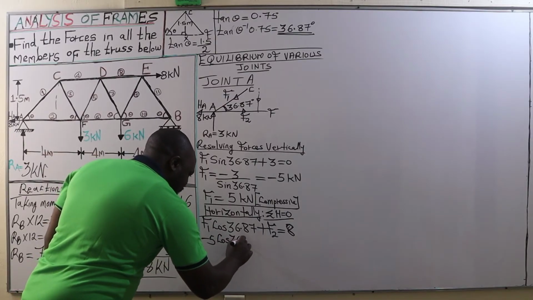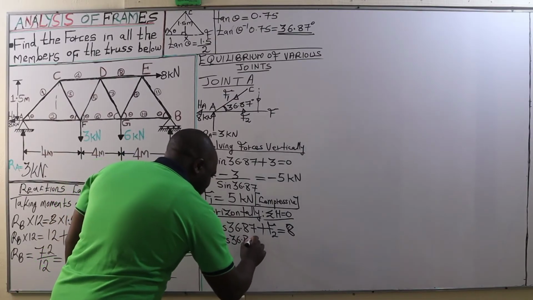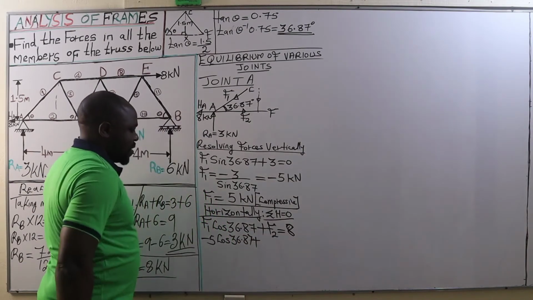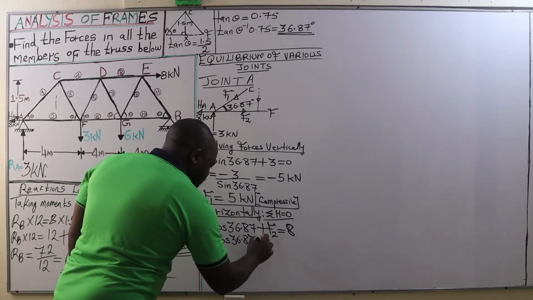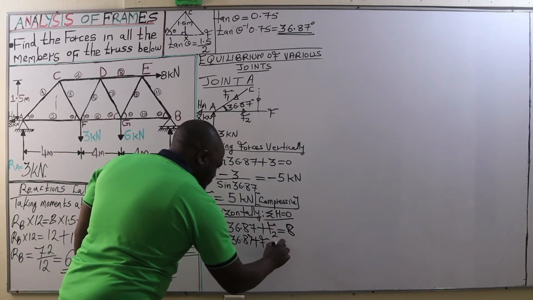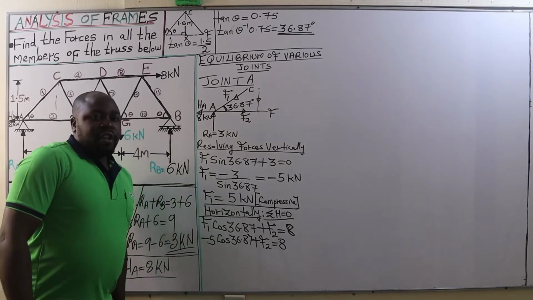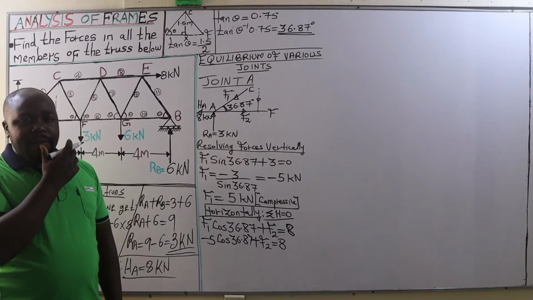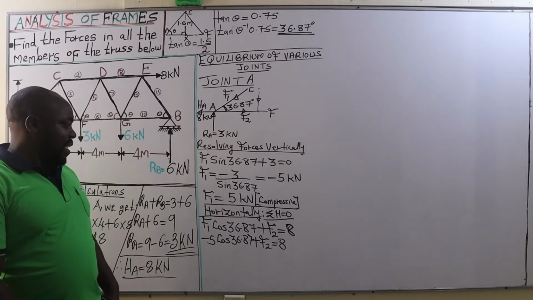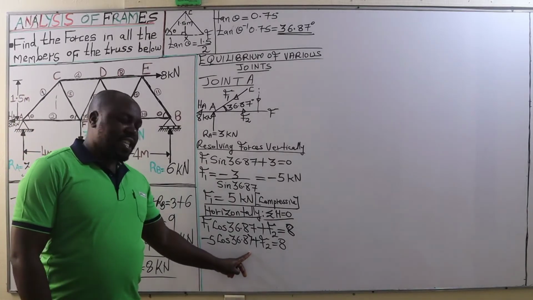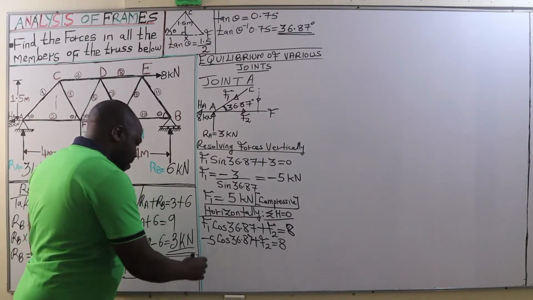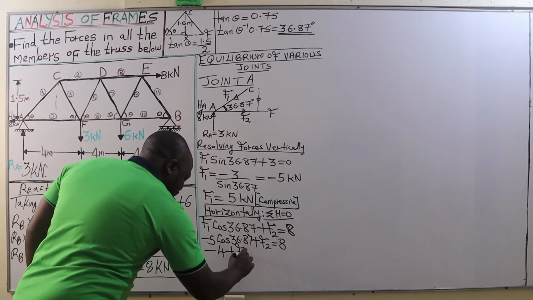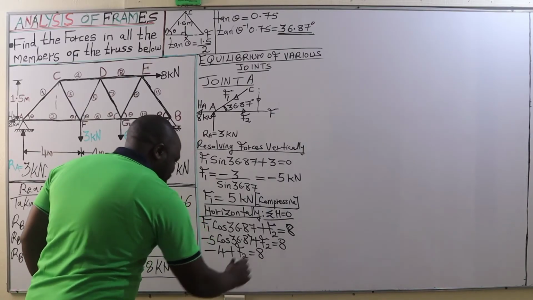cos 36.87 plus F2 is equal to 8. Now, negative 5 multiplied by cos 36.87, that is 4. Therefore, we are going to have negative 4 plus F2 is equal to 8.